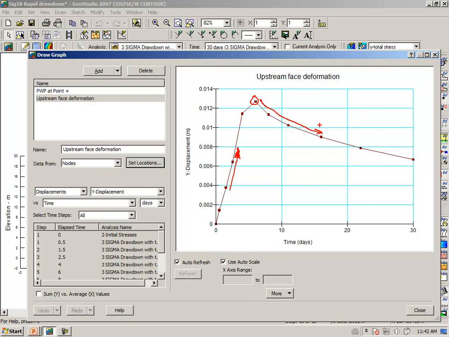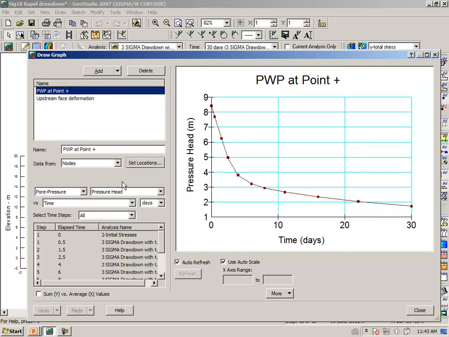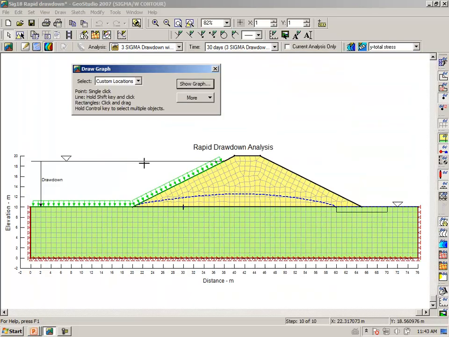This movement of the ground due to a total stress change has an effect on the pore water pressure response, which we will see in a little bit. Clicking on the pore water pressure, we are looking at the pore water pressure at this particular point right here. We have a plus sign.